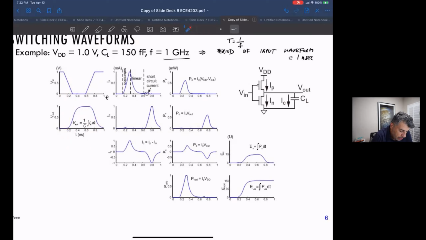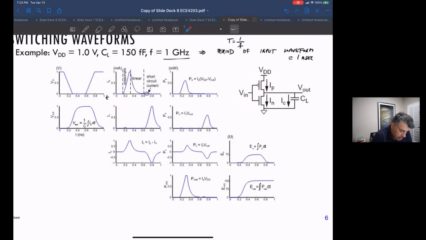Now, if we look at the various currents, the current through the PMOSFET: the PMOSFET is off when the input is a 1. When this is VDD, this PMOS is off, so there's no current flowing.